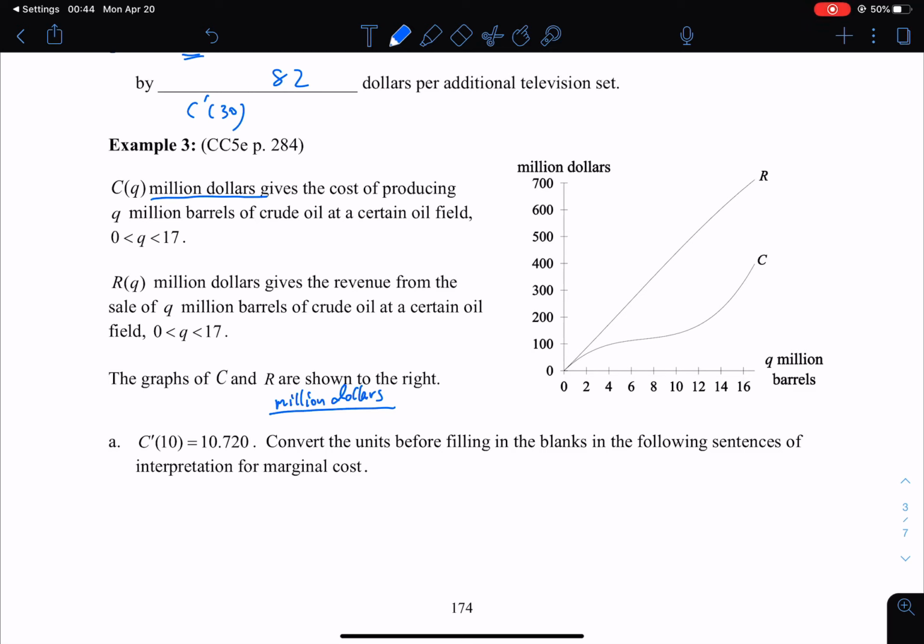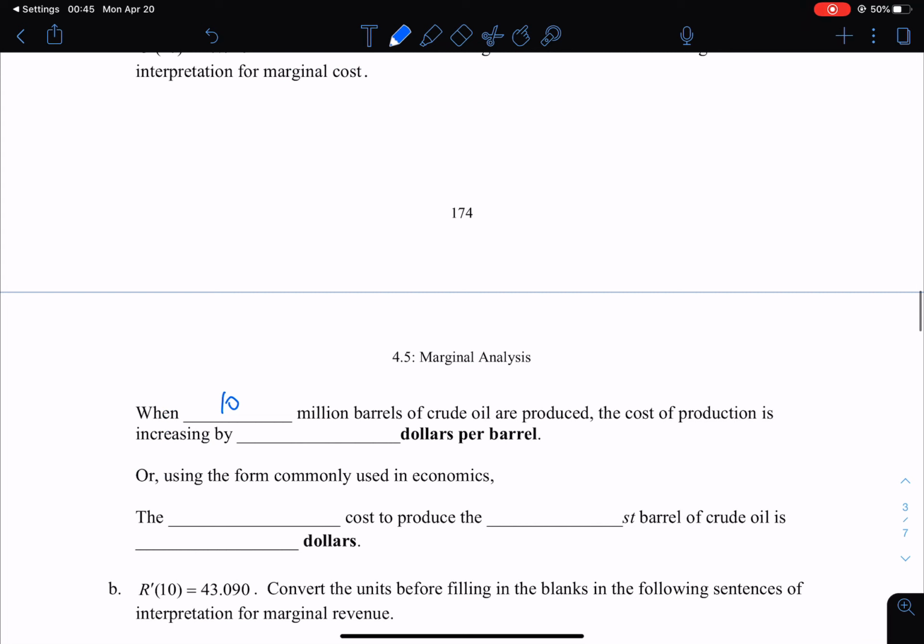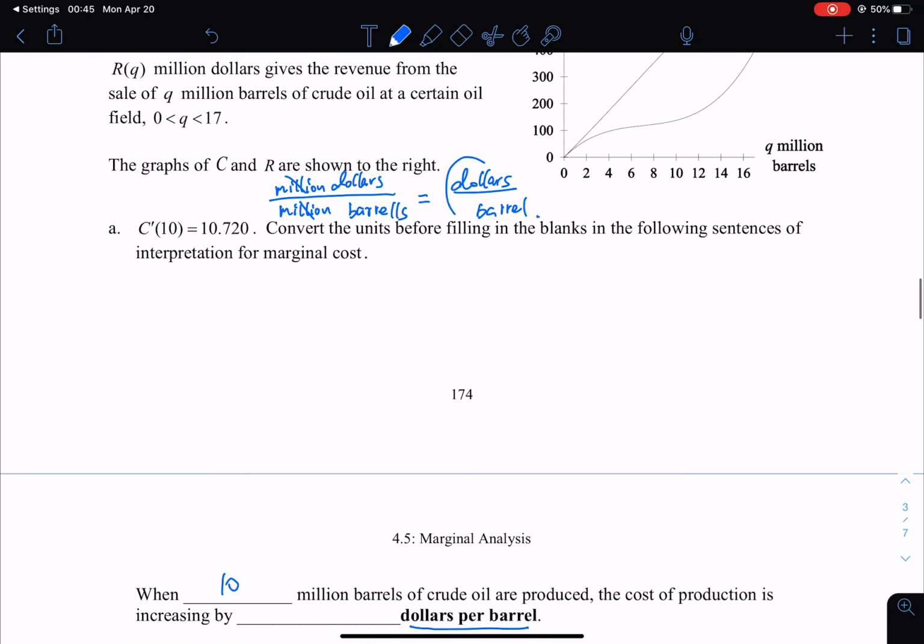And the input unit is just made in barrels. So you can see million can be cancelled. Then the unit is just dollars per barrel. All right. So you can see, they match. They are the same unit, dollars per barrel, dollars per barrel. So that means we can just use this number directly, 10.720.